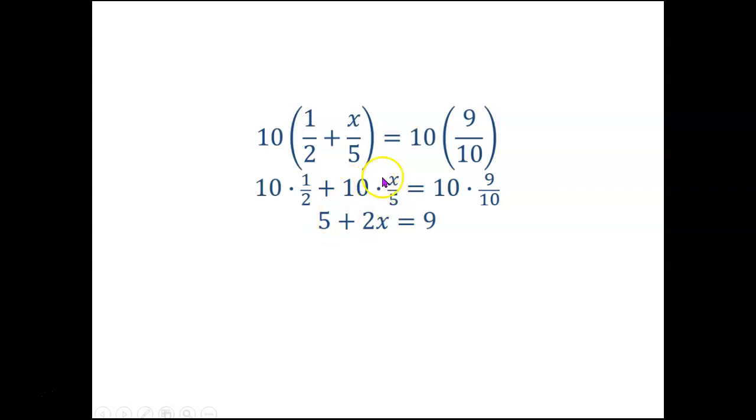And 10 times x/5, well, 10/5 is 2. And then that 2 times x is 2x. Meanwhile, on the other side, 10 times 9/10 is just 9. 10 divided by 10 is just 1, and then 1 times 9 is 9.